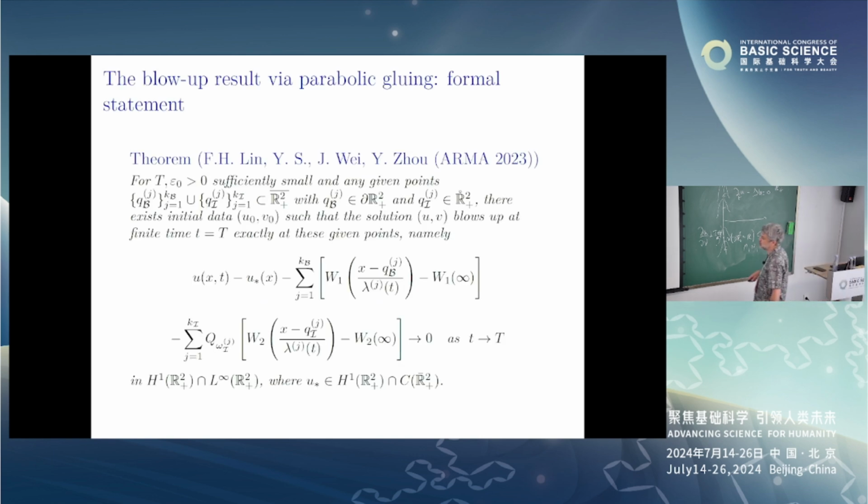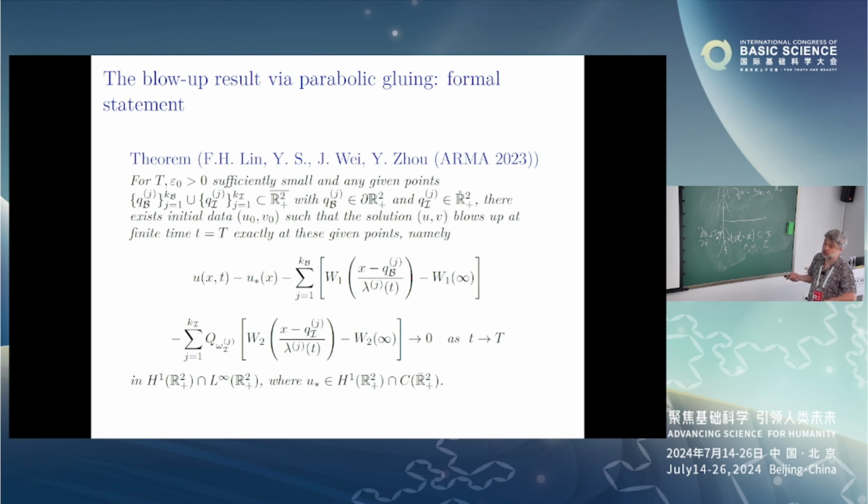skip that. So let me come to the thing that we proved with Francois, Yifu, Junchen, and Shapir last year: we proved some finite time blow up for this liquid crystal flow with free boundary. As you can see, the statement is very similar to the one that I gave for the heat flow of harmonic maps with free boundaries.